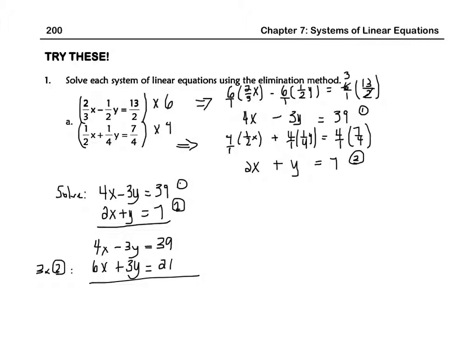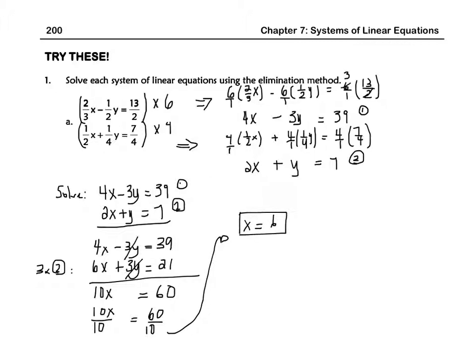So when you add those two, 4x and 6x is going to give you 10x. -3y and +3y give you no y's. And then that's going to give you 60, 39 and 21. And then if you divide out the 10 that's in front of the x, you will get x is 6. So then I'm going to take my x value 6 and go back to equation 1 or 2.